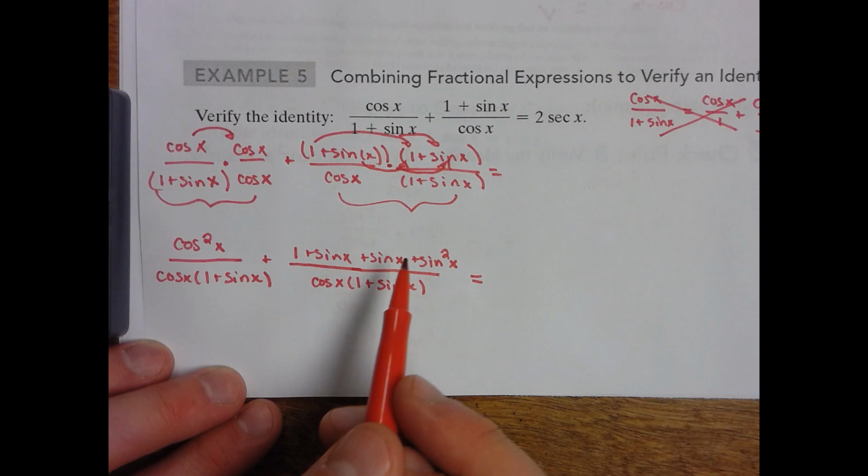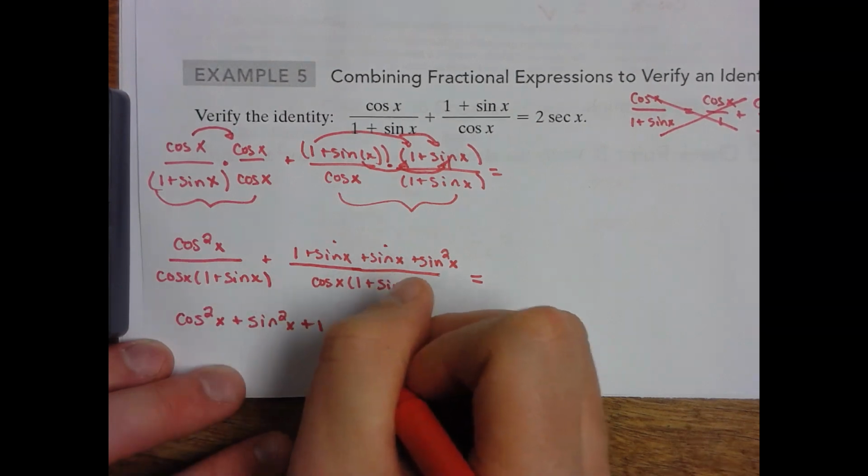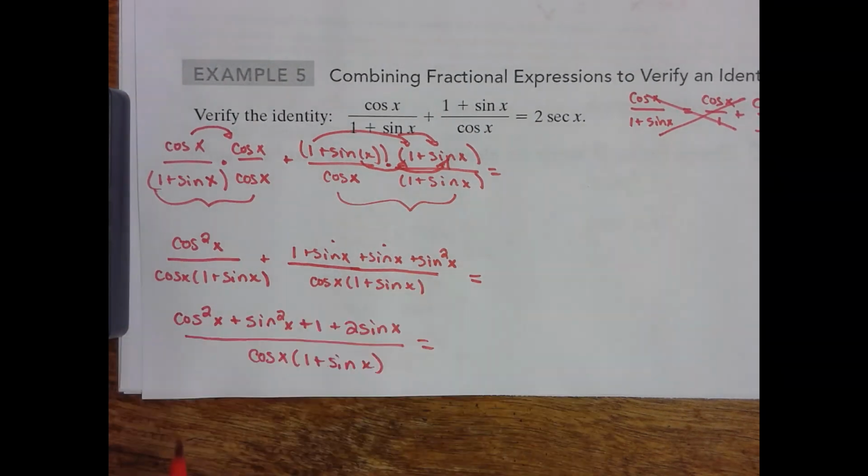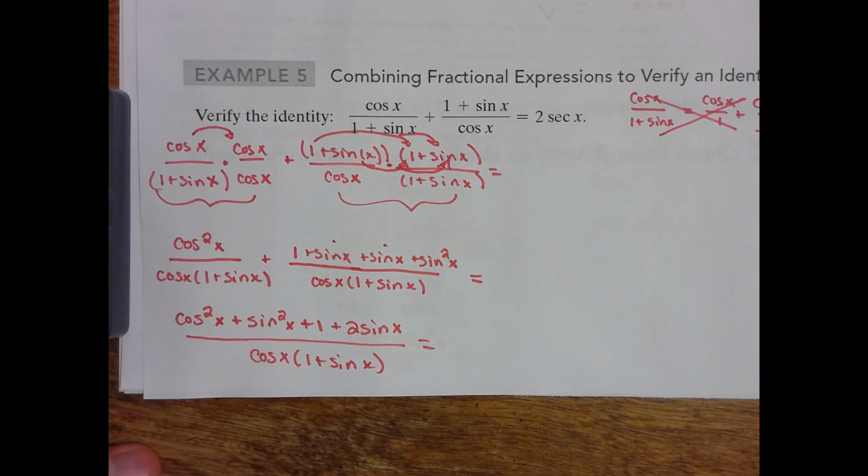So after adding these fractions, we get cosine squared of x plus sine squared of x plus 1 plus 2 sine of x. The main thing I did there was just add my numerators since I had a common denominator. I rearranged to make the cosine squared and sine squared next to each other, and then I combined the sine of x's to make that 2 sine of x.